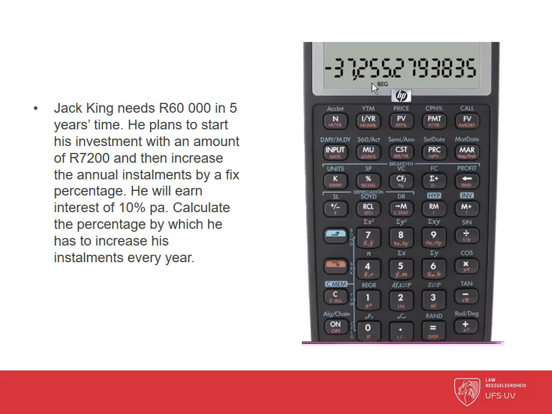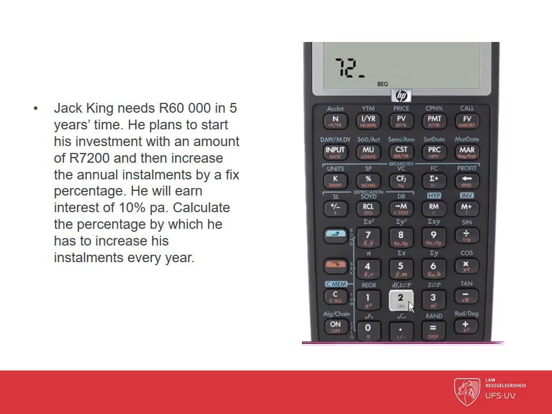Now this works out to be 37,255 and 28 cents. So now I'm going to use that value in the second step to calculate the resultant rate. So it's 37,255 and 28 cents. That is my present value.